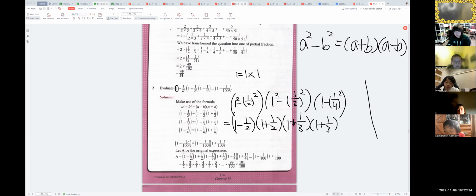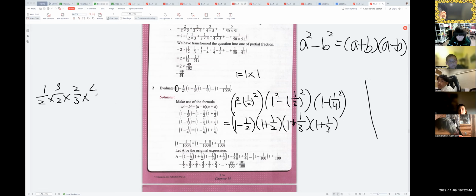So this question became 1 over 2 times 3 over 2 times 2 over 3 times 4 over 3. You're going to find out all of them could be crossed out as well. Only the last one and the first one are left. So the answer is 1 over 2 times 101 over 100. The answer on this problem is missing a bracket. So the answer is 101 over 200.